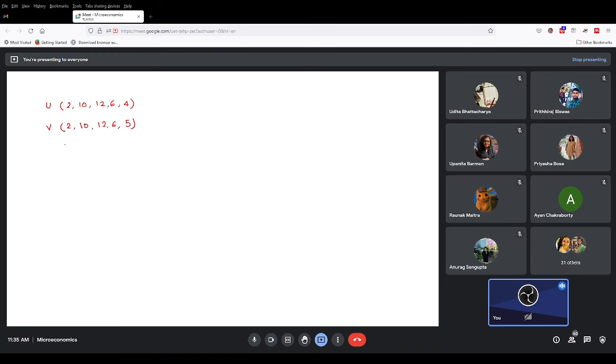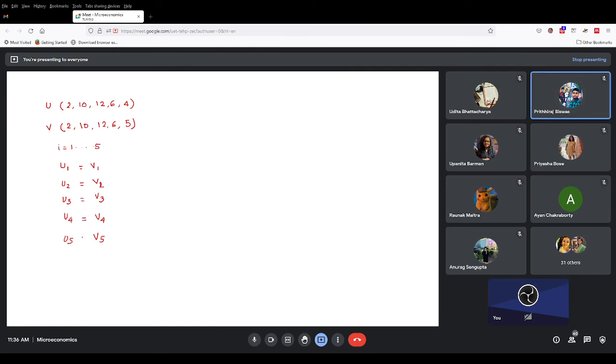How many i's do we have? i ranges from 1 to 5. What is the relation between u1 and v1? So equal. u2 and v2, so equal, up till u4 is equal to v4.